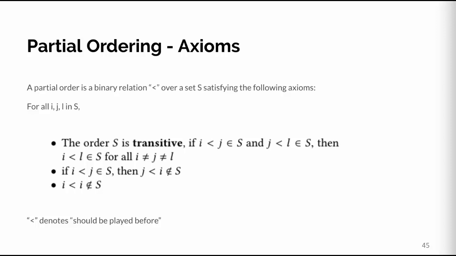If I is played before J is contained in S and J played before L is contained in S, then I played before L is contained in S for all I not equal to J not equal to L. We can go ahead and interpret the subsequent statements.